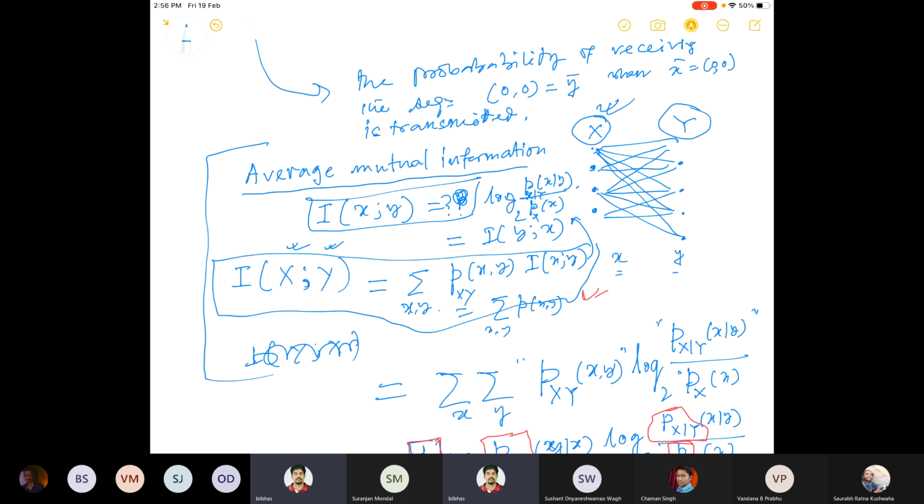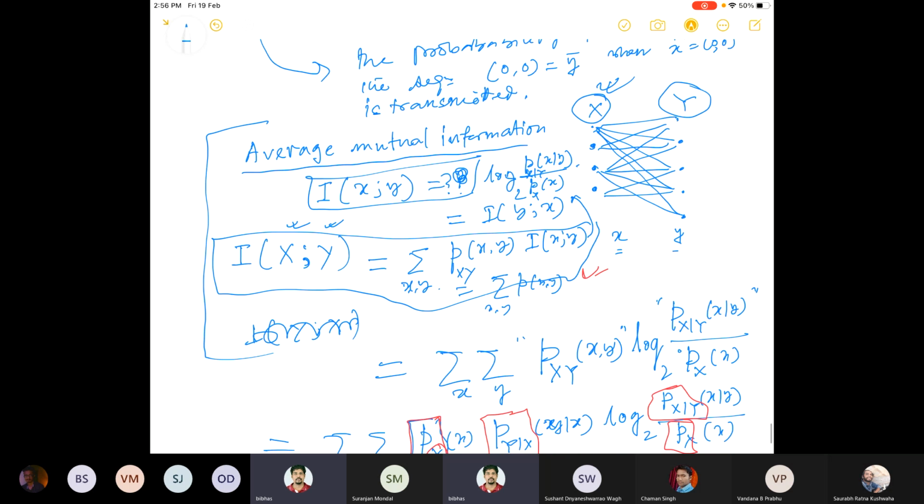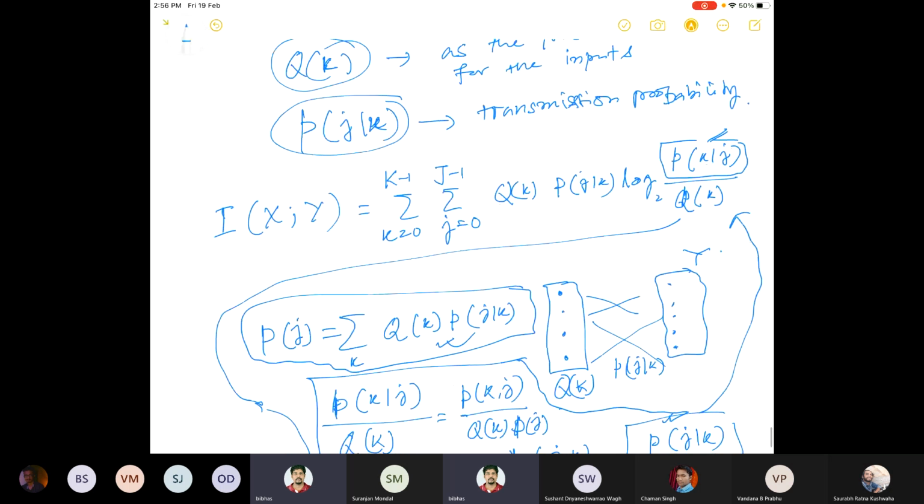If I want to define the characteristic of a channel, it has to be something independent of these probability distributions, because the probability distribution of the input random variable can vary. So to define the characteristics of the channel, somehow you have to consider some kind of maximum over all possible probability distributions of the input random variable.